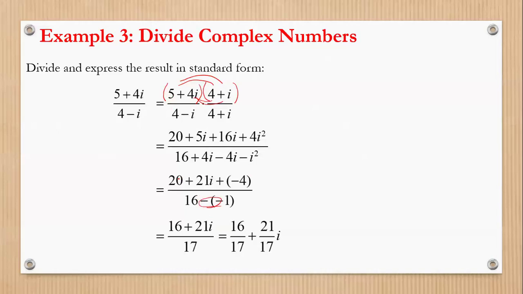And we combine the like terms on top, we get 16 plus 21i. Since right now there is no more i in the denominator, we can divide each term on the top by 17, separate the fractions, and rewrite it as 16 over 17 plus 21i over 17. Now we have a complex number in standard form.